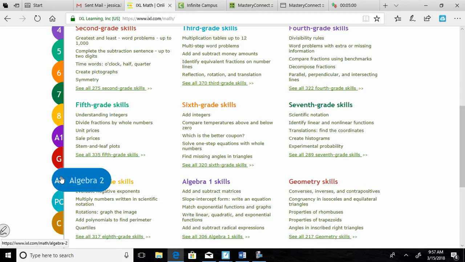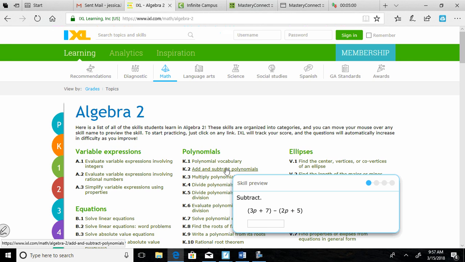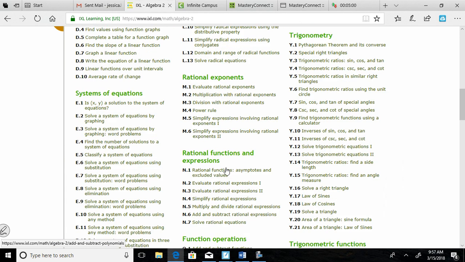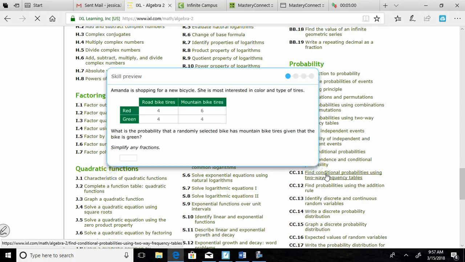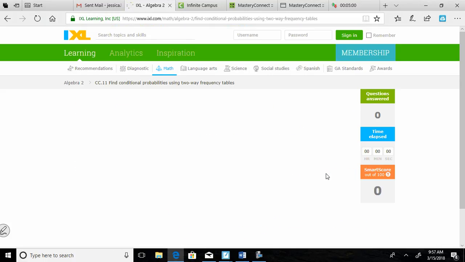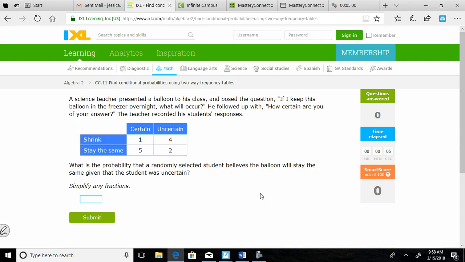So right here, see where it says Algebra 2? You're clicking on that, level M, and you're going to CC 11. And so right here, this is all you're doing.